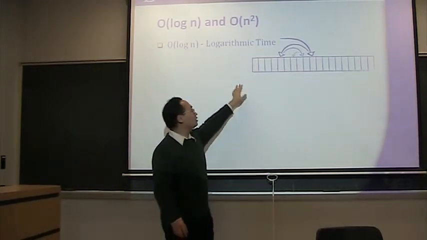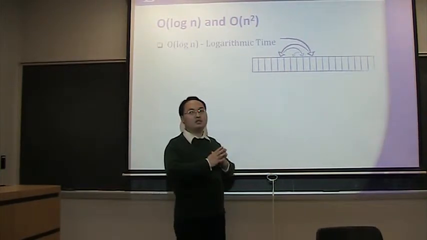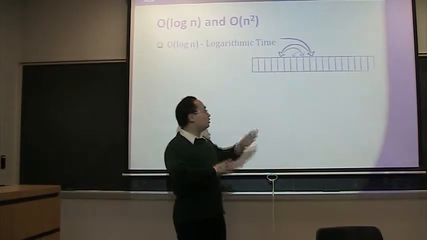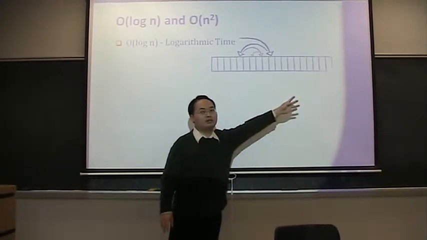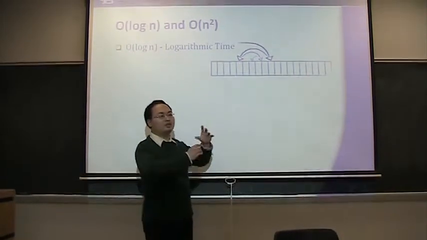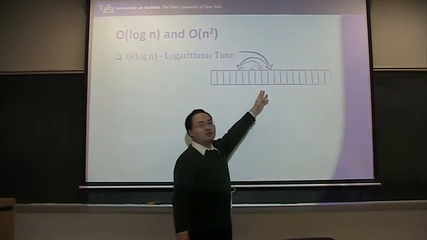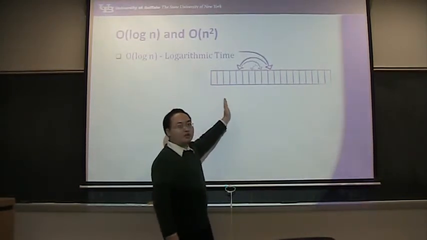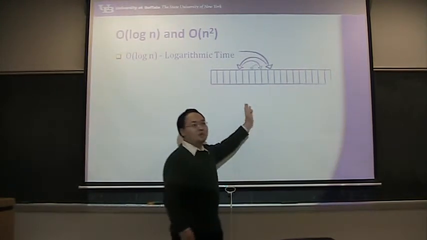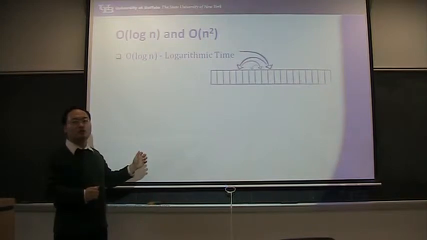For example, this is 1 to 100, and you want to find where 33 is. You know that these numbers are sorted, so these are smaller ones, these are bigger ones, but you don't know if this number exists or where it is. So you first look at the center point. Then you can decide if you want to search the left part or the right part. By doing this, you are doing a binary search.